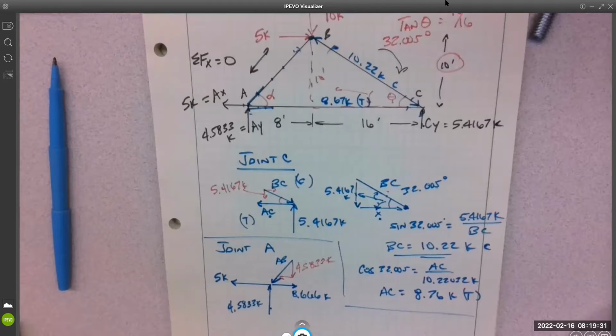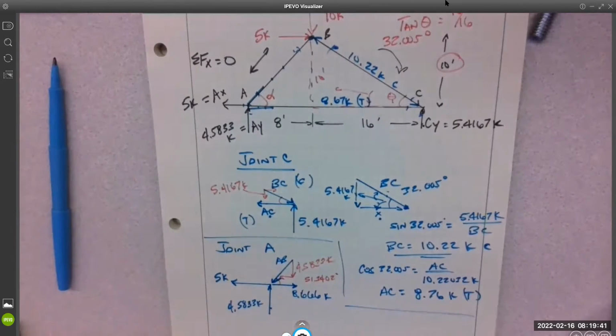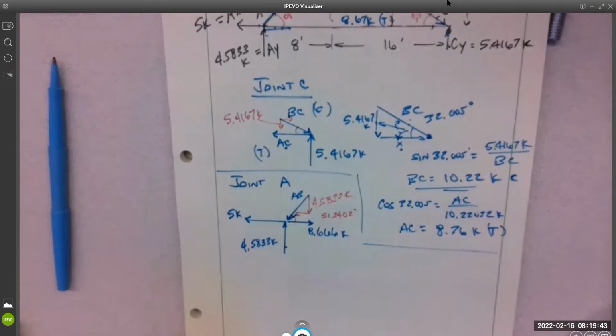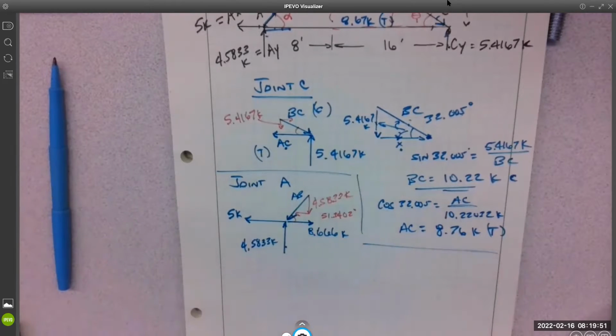Looks like 51.34 degrees, right in there. Yeah. Then we can just go straight for AB. Absolutely. Yeah, and then you could put that in. Yep, for sure. Let's do it that way.